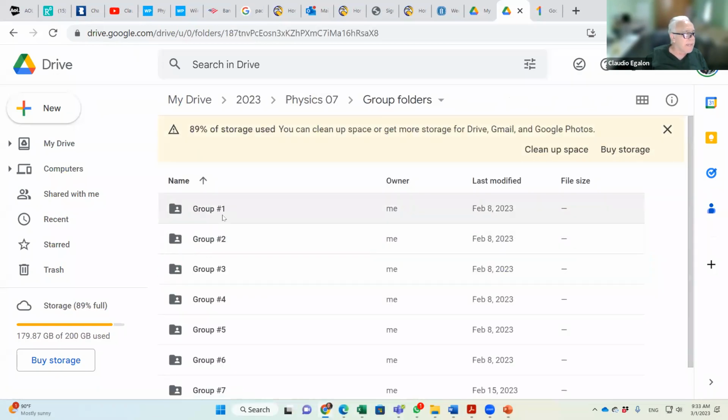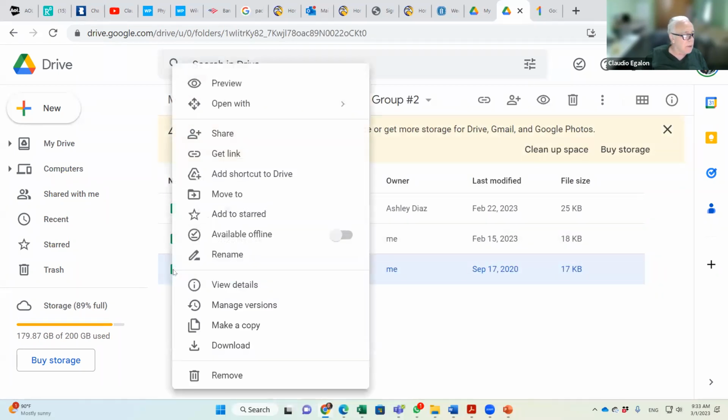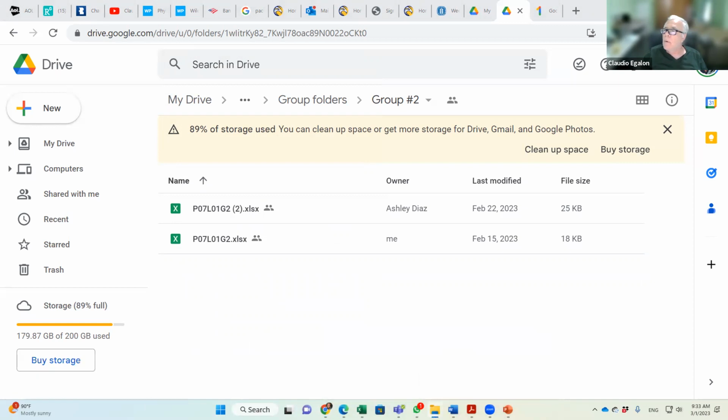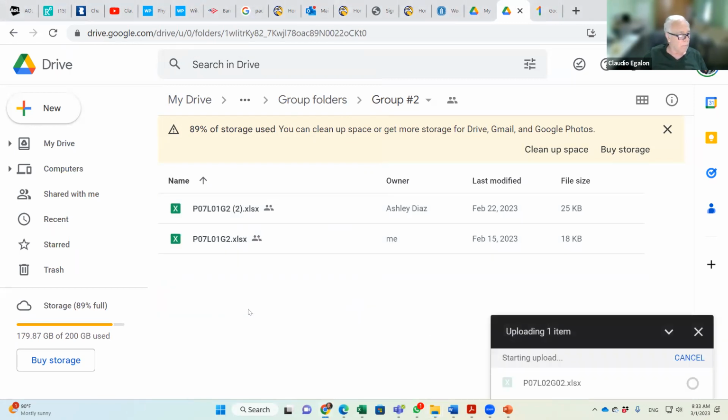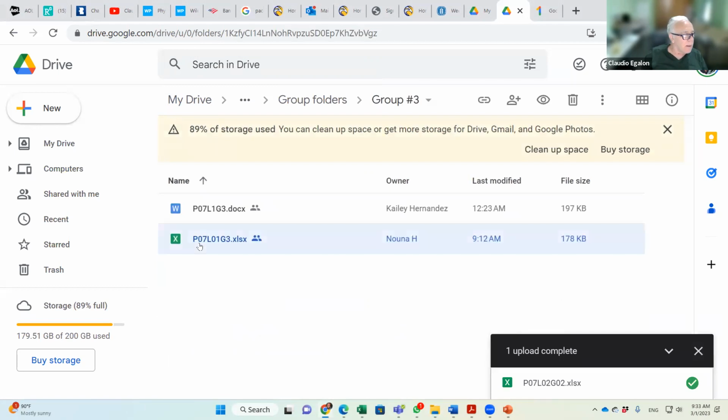I am going to delete this file from group 2 and re-upload it. Okay, I'm going to do the same with group number 3. File disappeared now from group 3. Let's put it back there.